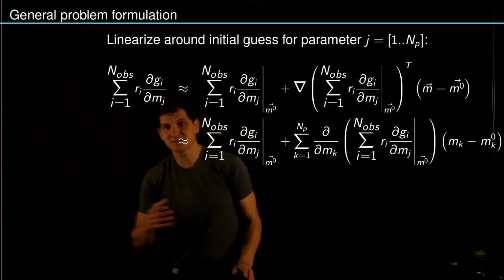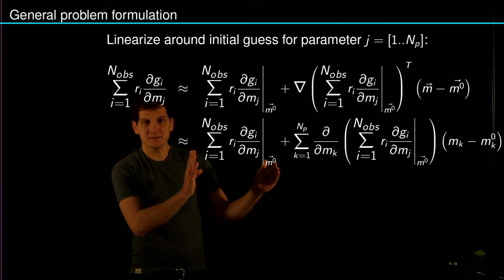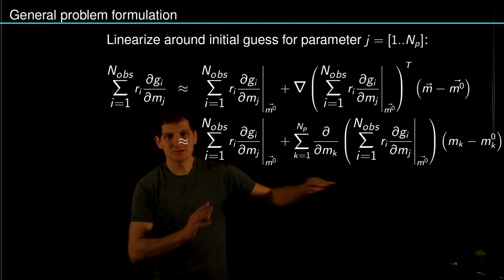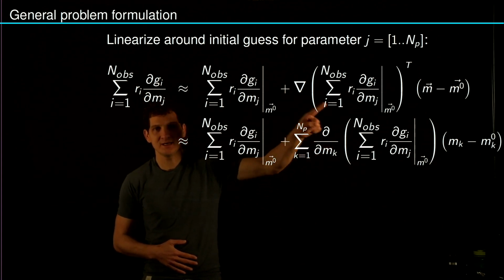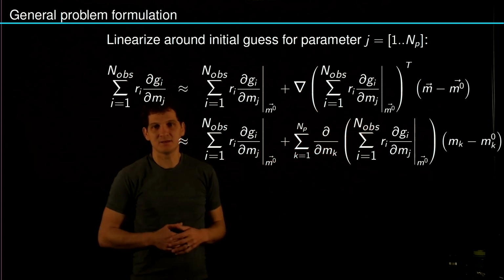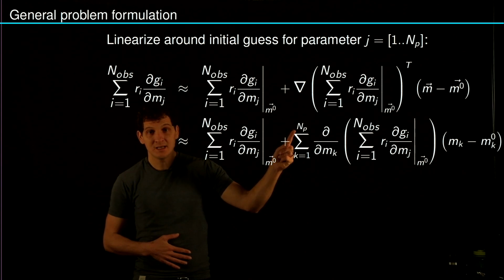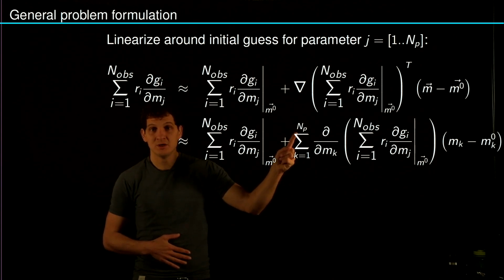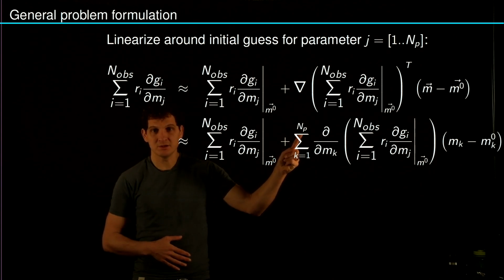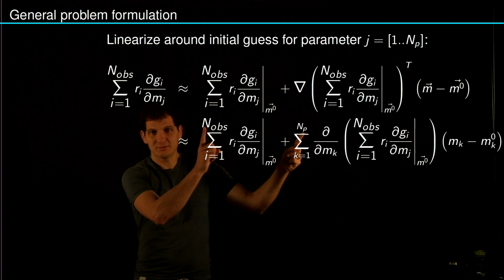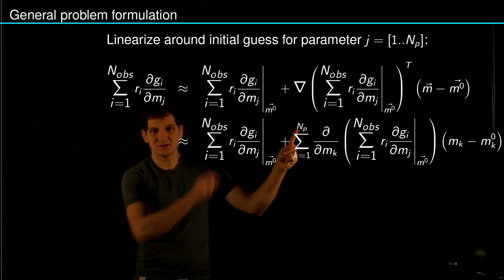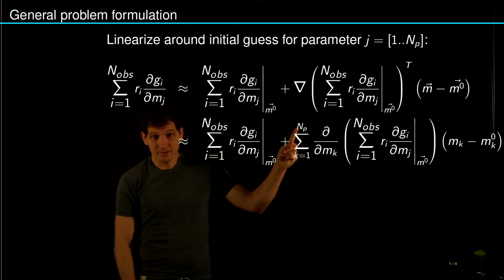Okay, so I can write this out. First term, nothing changes, but in the second term, we now replace the scalar product between the gradient and the model parameter vector, and this uses the summation now over the number of model parameters. Yeah? So there's 2 summations, over the number of observations and one summation over the number of model parameters.